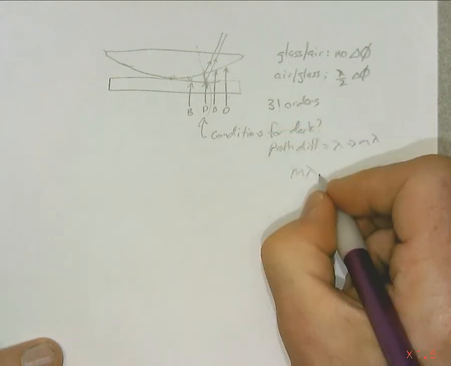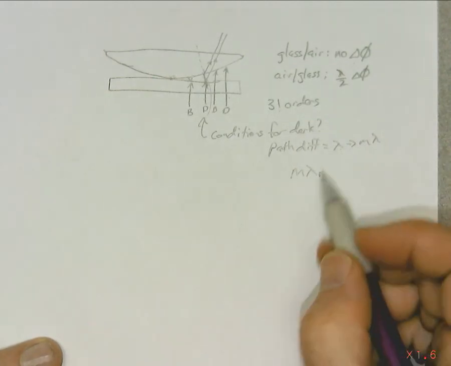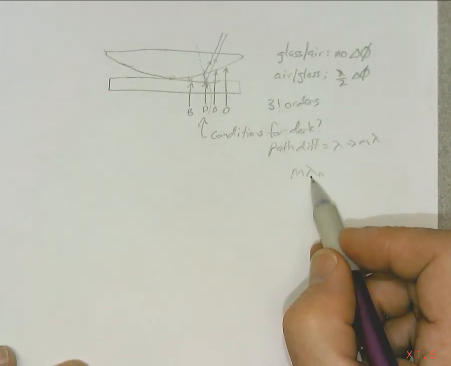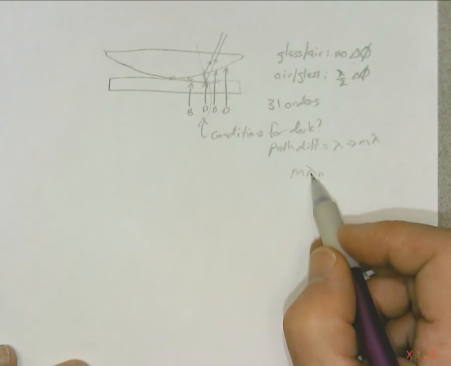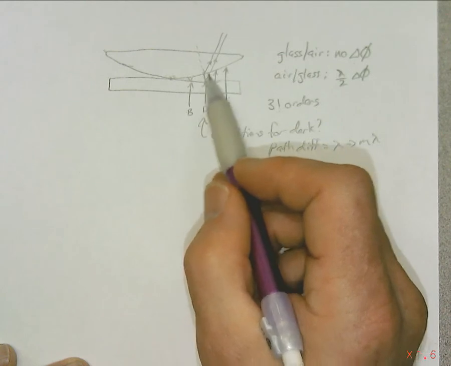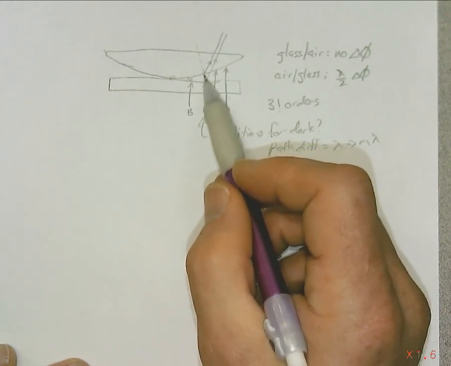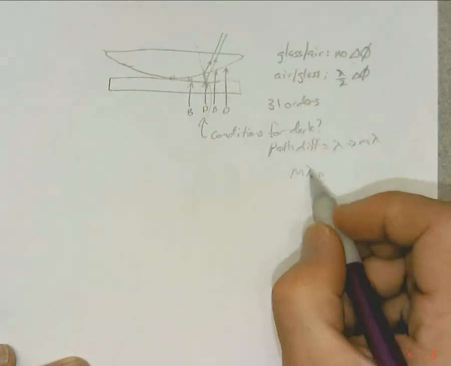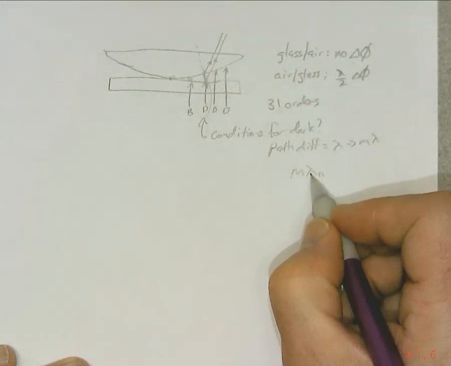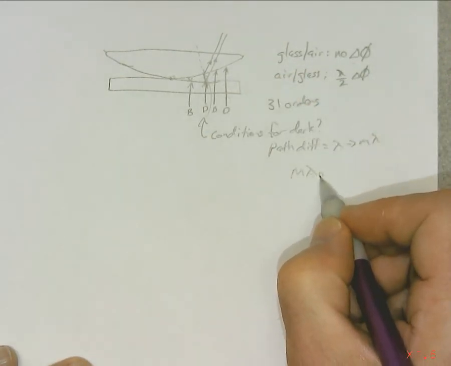I'm going to say lambda n, the wavelength in the medium with an index of refraction n. In this case, the region we're talking about is air. So that makes it easy, but that's the wavelength of light in air, not in the glass.